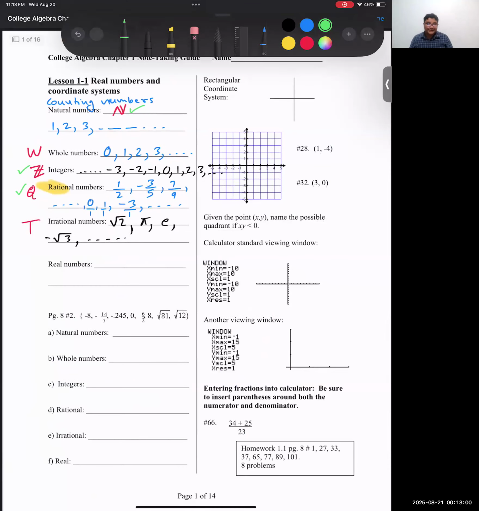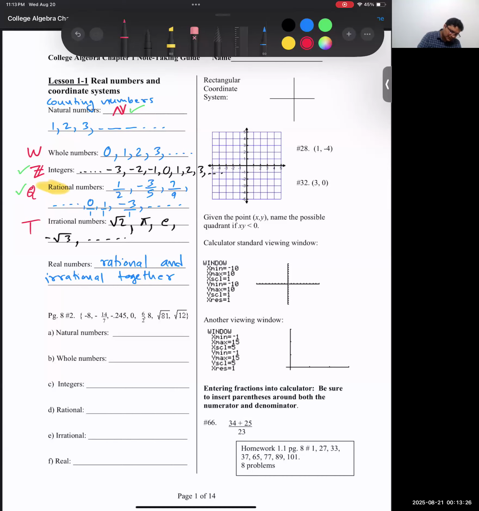At this time, I think the discussion has already made it clear. Real numbers would be rational and irrational together. All numbers, if you take everything together, we call them real numbers.